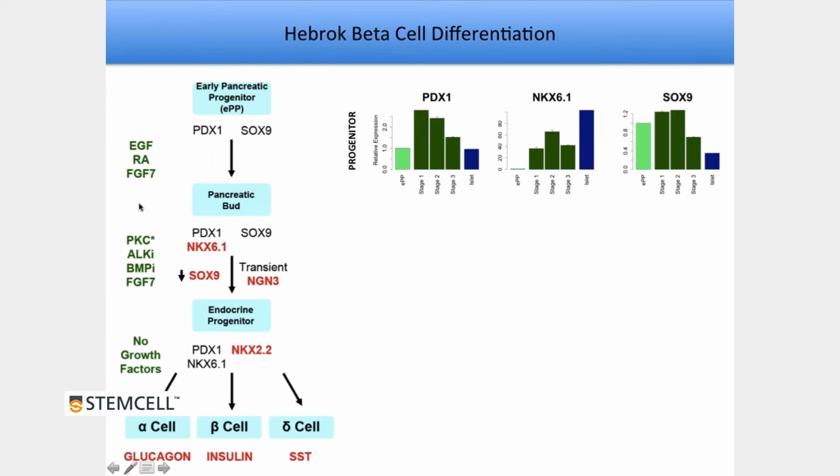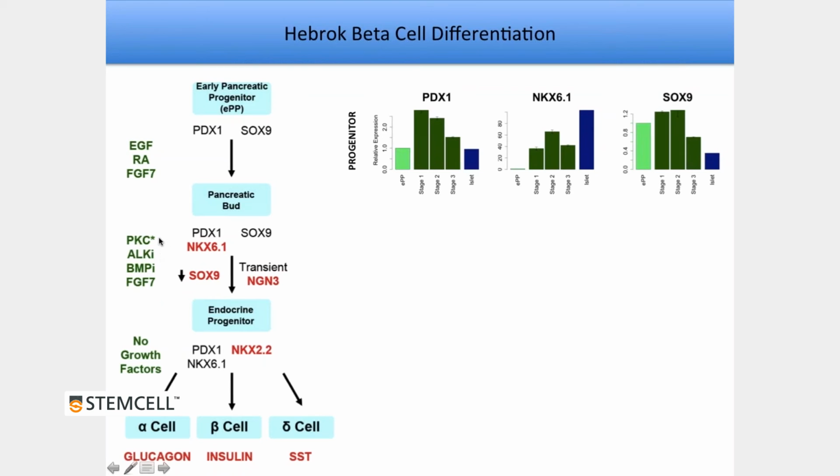So on the left here you can see another schematic I've made, this time of the whole Hebrock protocol, which consists of 3 different stages. So in the first stage, PDX1 positive, SOX9 positive pancreatic progenitors, or EPP, sorry, are treated with a mixture of EGF, retinoic acid and FGF7, and this should give rise to pancreatic bud cells that upregulate NKX6.1.